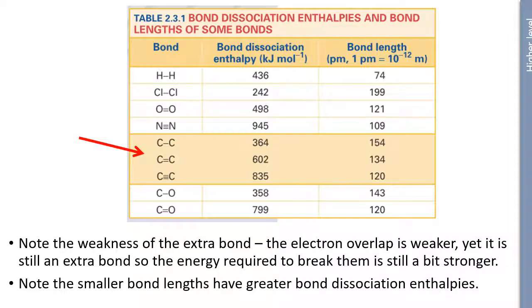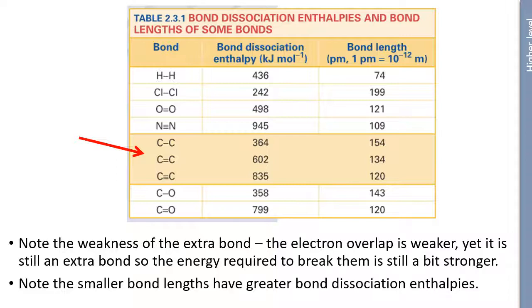So if we look at the bond dissociation enthalpies and bond lengths of some bonds, you can see from the red arrow I've pointed out the weakness of this extra bond. A sigma bond is 364. A sigma bond plus a pi bond is 602. So it's an extra 240 kilojoules per mole.